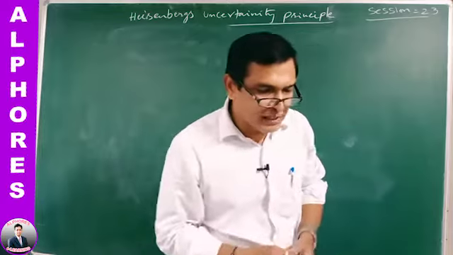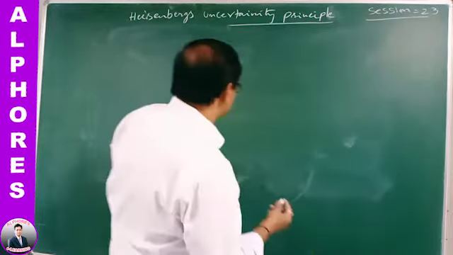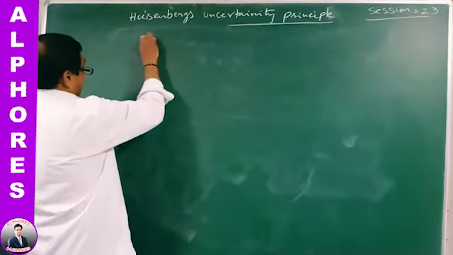I will read the numerical once again. The uncertainty in the position and velocity of the particle, that means delta x and delta p.